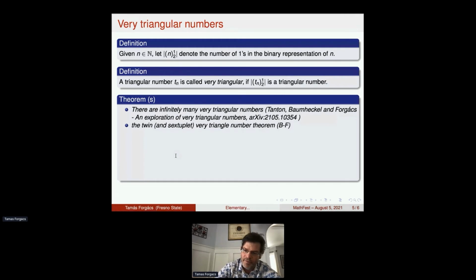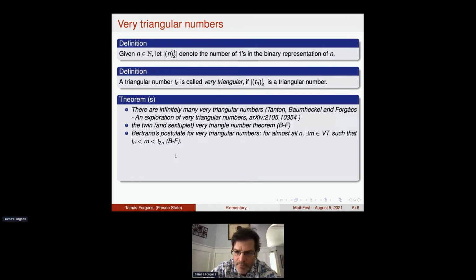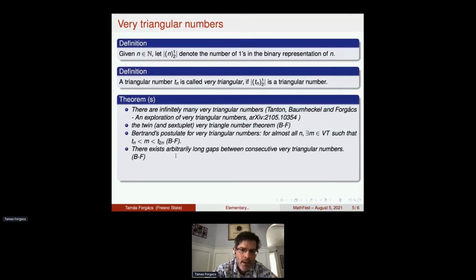And so, lovely result. And we also proved Bertrand's postulate for very triangular numbers. And so if you find the nth triangular number, before you hit the 2nth triangular number, you will find a very triangular number. Okay.